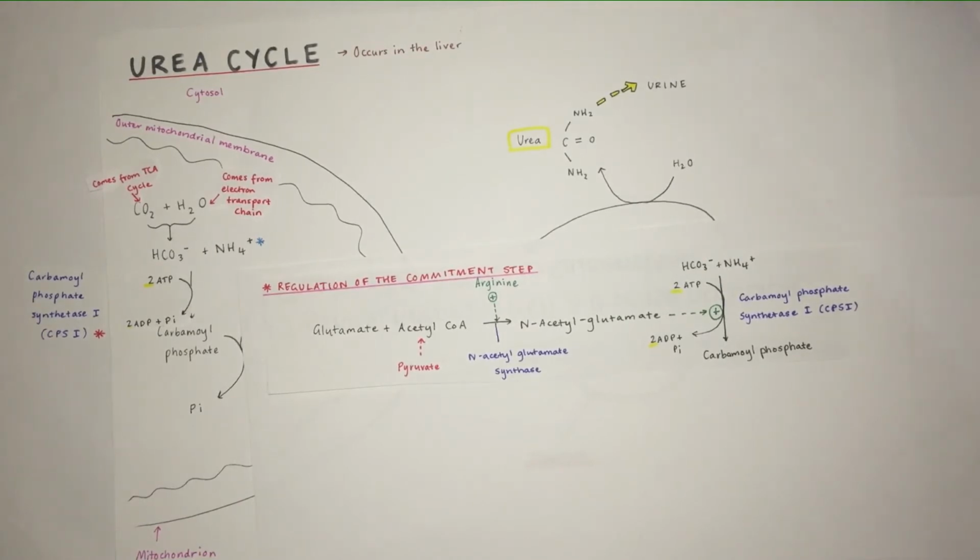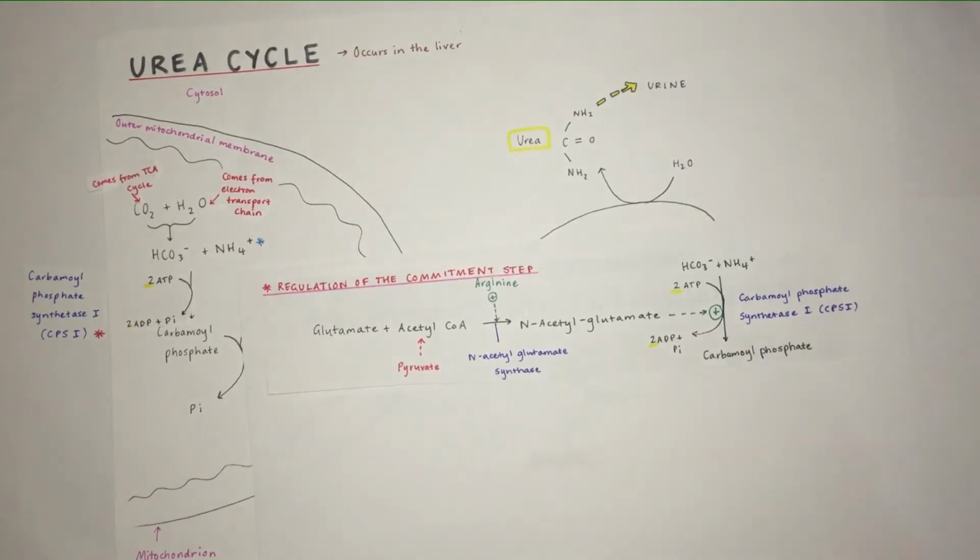promoted by arginine, which is in green there, and we've got a green plus sign to indicate that it's promoting this reaction. And then it produces N-acetylglutamate, which, as I said before, promotes the commitment step, which is the HCO3 plus the NH4 becoming the carbamoyl phosphate.